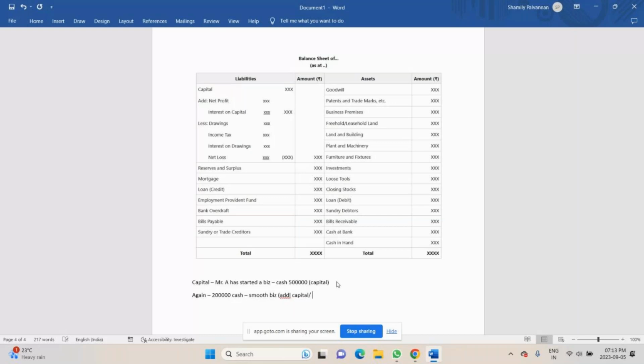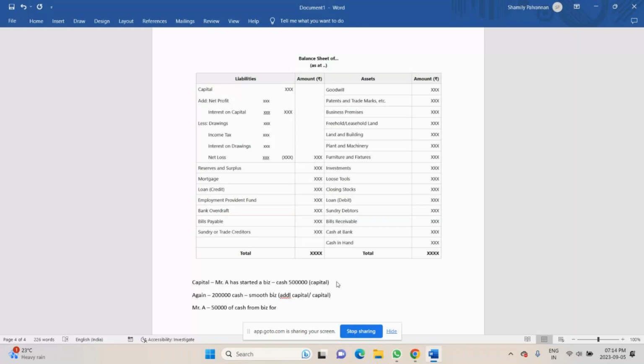Now, if Mr. A takes 50,000 of cash from the business for business activities, this is not considered for anything; we will treat it as purchase and sales itself.